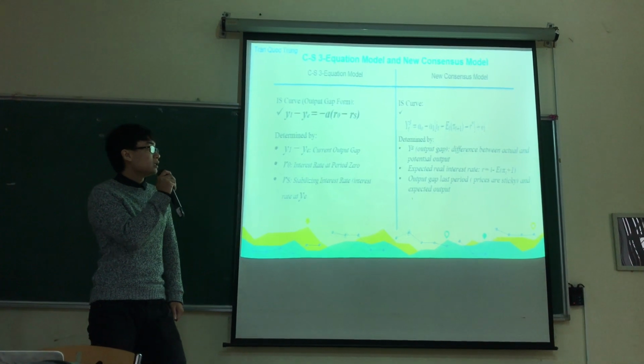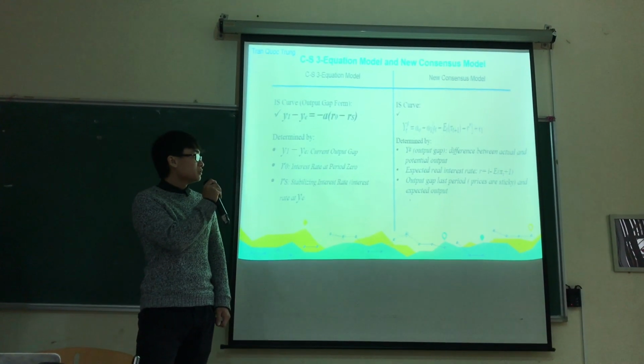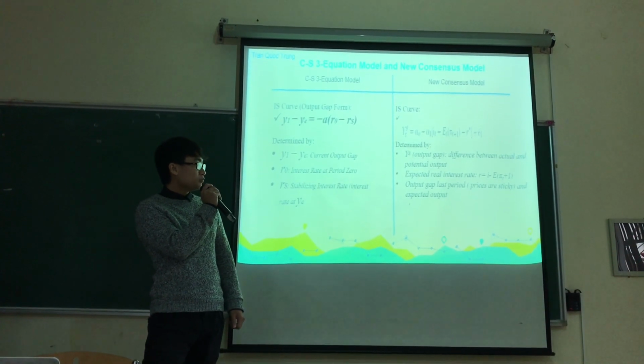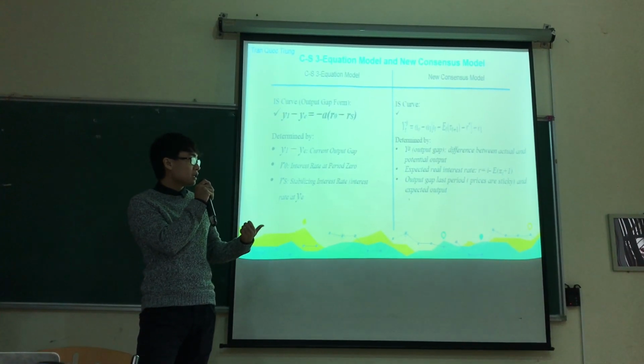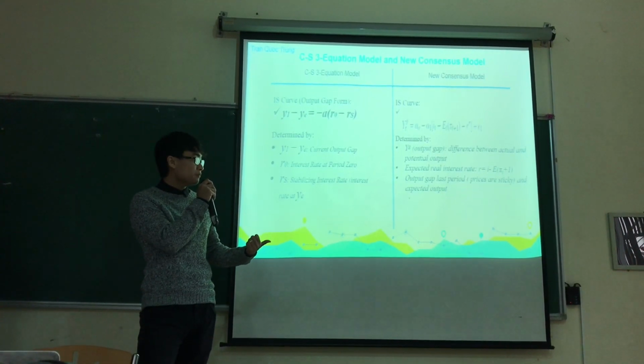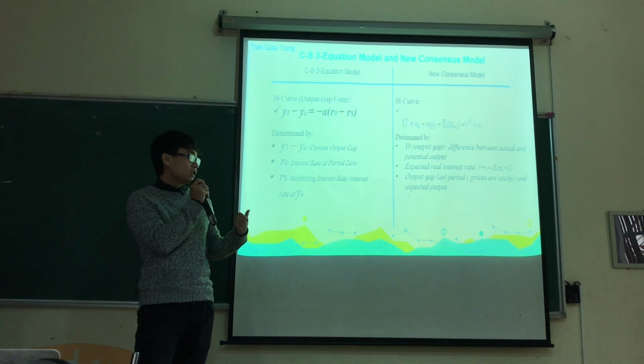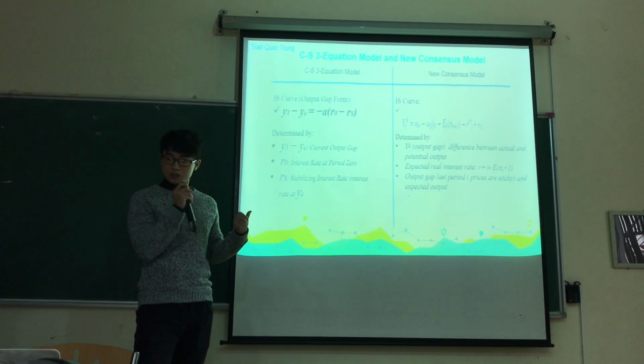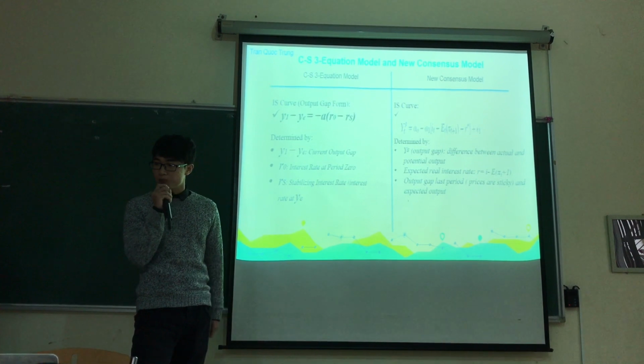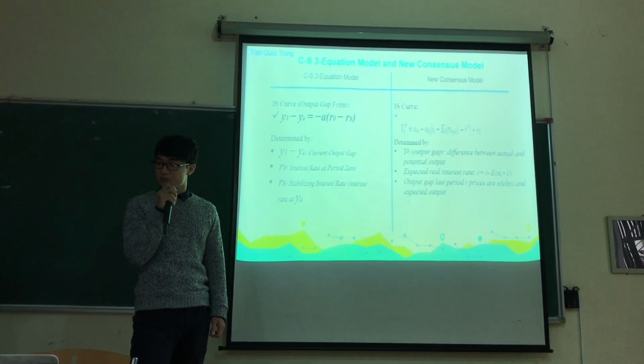And in the new consensus, it is determined by the difference between actual and potential output, the expected interest rate, and the output gap, because prices are sticky, and expected output.